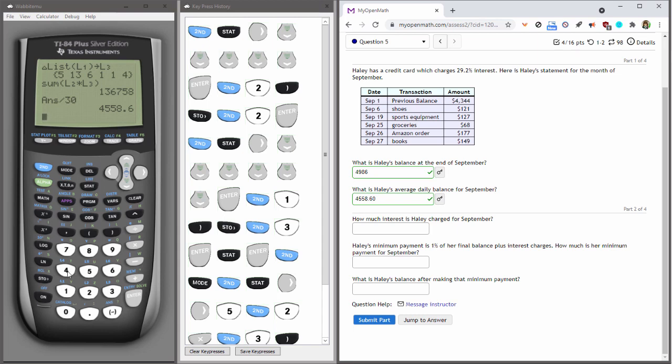So we take our average daily balance times our simple interest rate as a decimal, 0.292, times 1 month, that's 1/12 of a year, so I'm going to say in parentheses 1/12. For September, Haley is going to be charged $110 and, to the nearest cent, 93 cents.